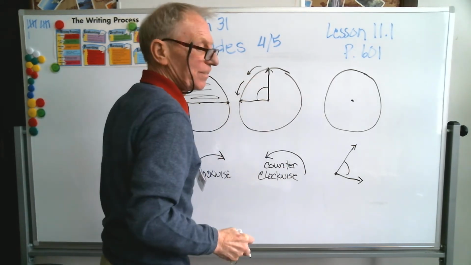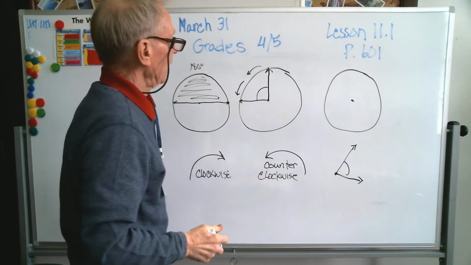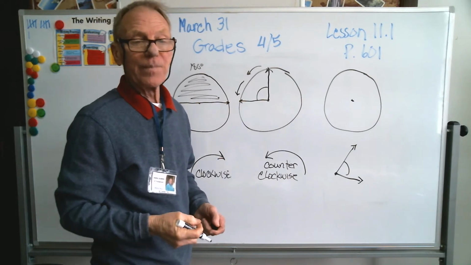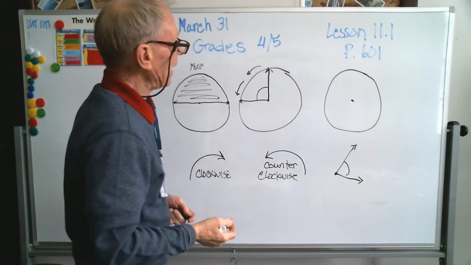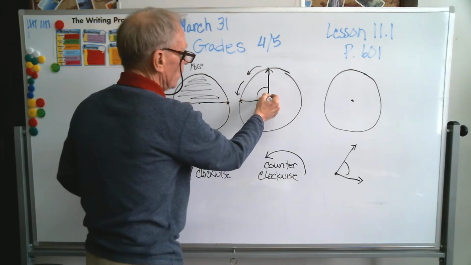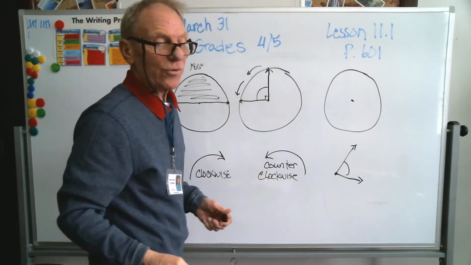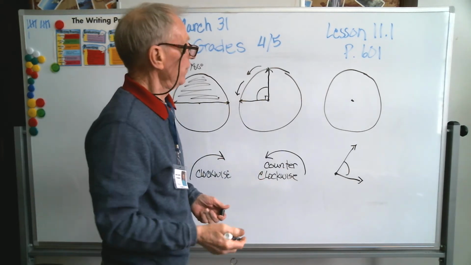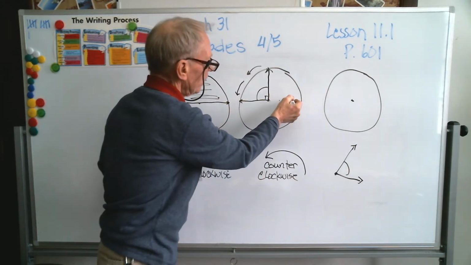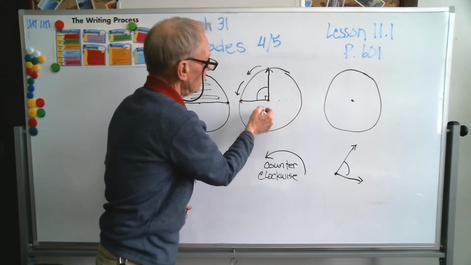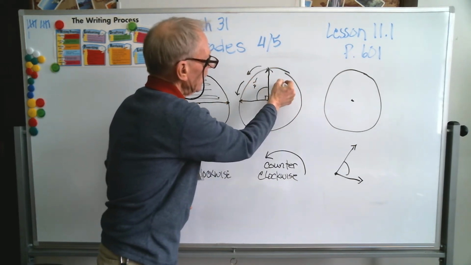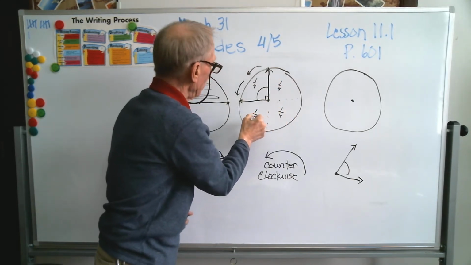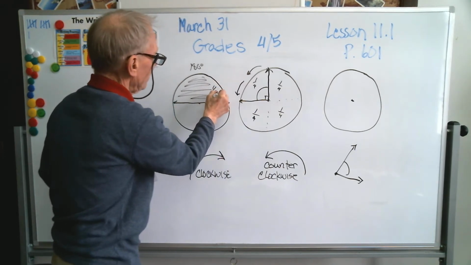Here's our angle. 1/4 of 360 is 90. So this would be a 90-degree angle. It's also referred to as a right angle. And it represents 1/4 of the circle. So this would be 1/4, and then each one of these would be a 1/4. Just like over here, it was 1/2 and 1/2.